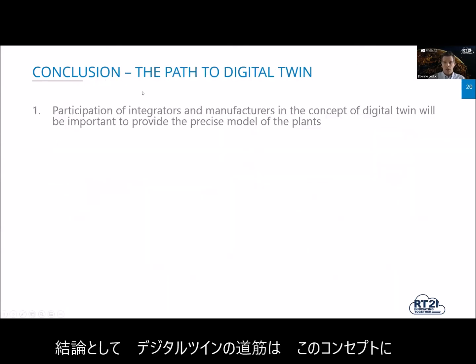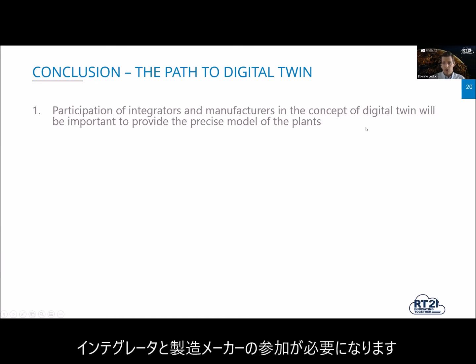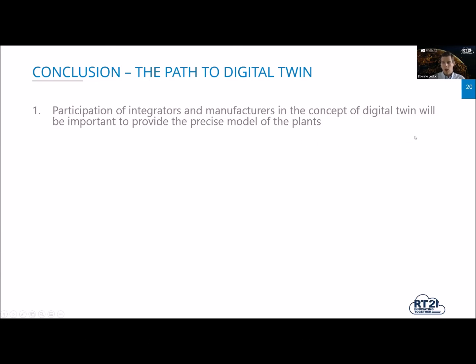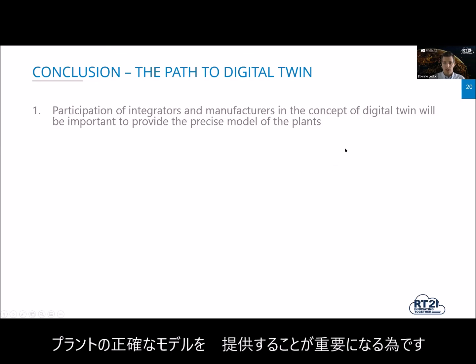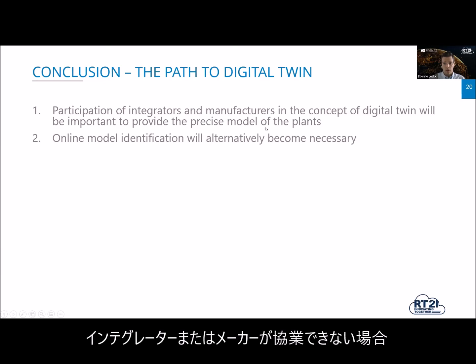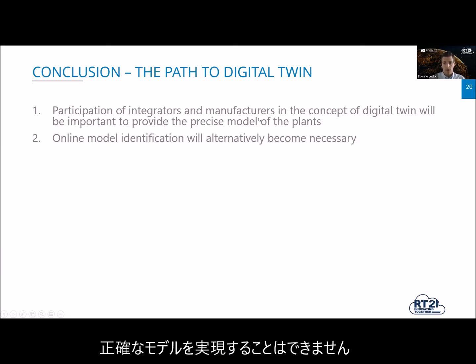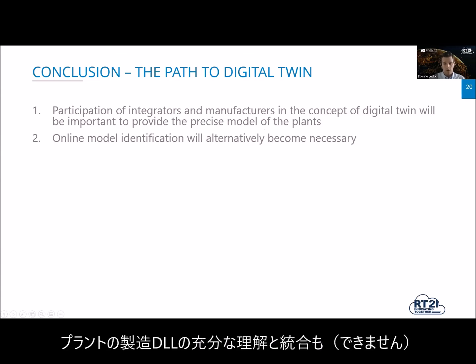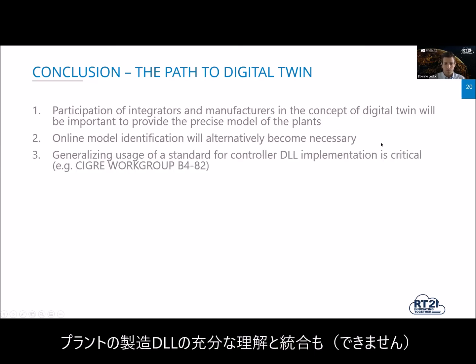So in conclusion, the path to the digital twin will need the participation of integrators and manufacturers in the concept of the digital twin, because it will be important to provide the precise model of the plants. Otherwise, online model identification will become necessary if integrators or manufacturers are not available to collaborate, to be able to achieve a precise model and also have a good integration of the manufacturer DLLs for the plants.